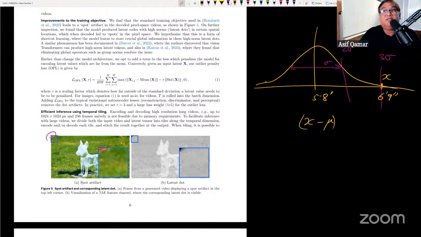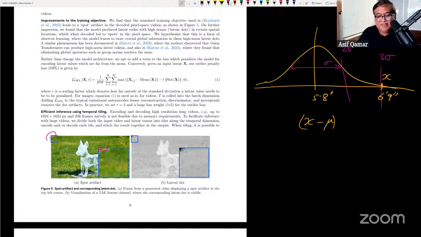If it is beyond 3 standard deviations, then the percentage of people in a normal distribution will be very small. They're real outliers. Some very minuscule amount of people would be beyond 3 standard deviations.